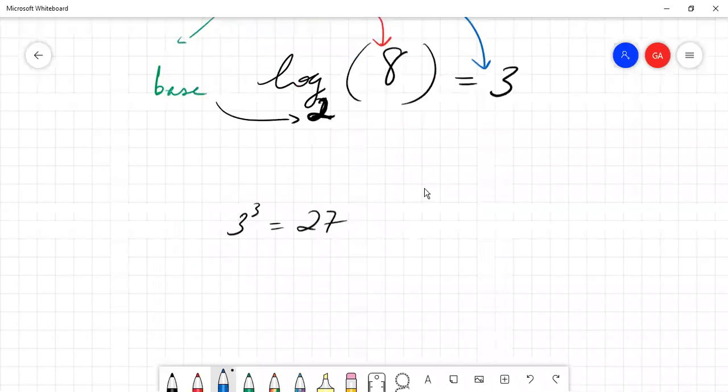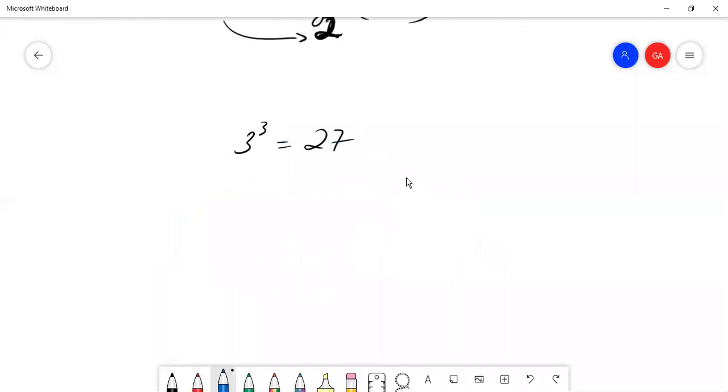Okay, let's do another. What is the base? I'm going to call on someone else. I haven't heard from Robin in a while. Nishan has already jumped to it, and he said the base is 3, very good. So I'm going to immediately start writing what the log is.